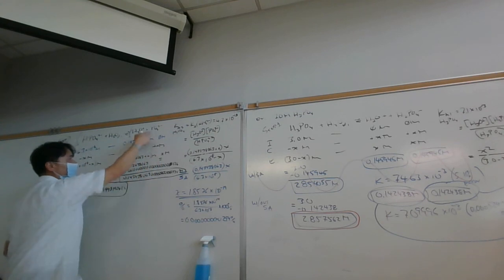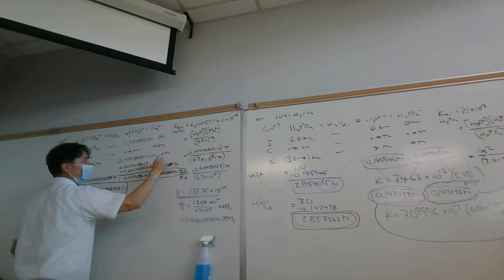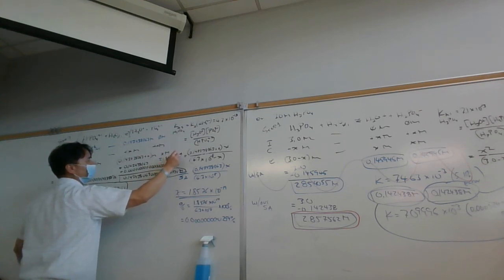And then the phosphate is just going to be 1.8576 times 10 to the minus 19 molar.